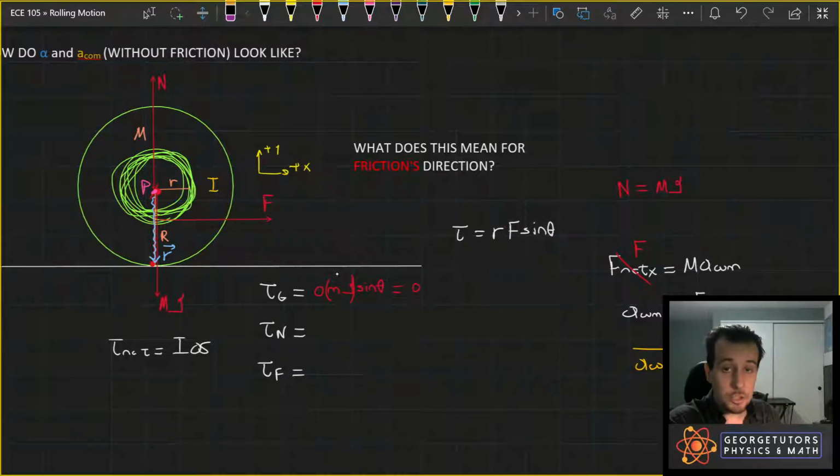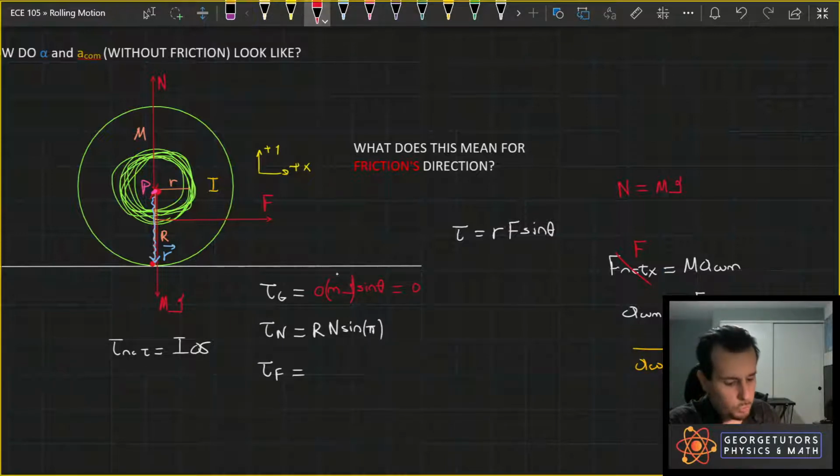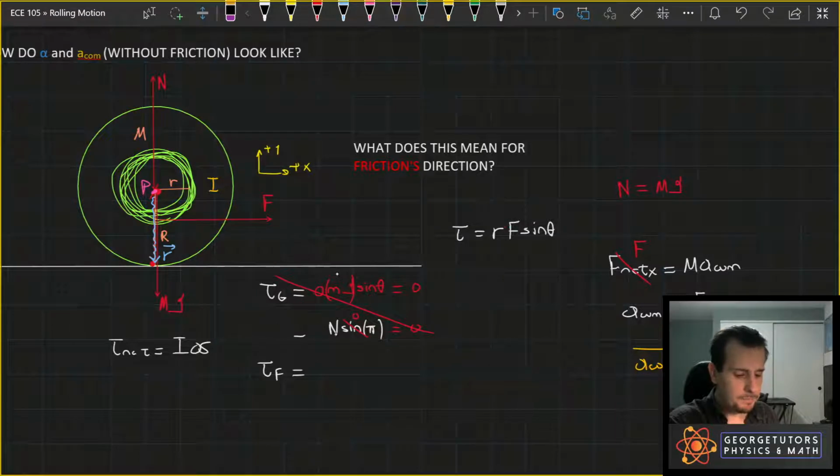That is, it is directed at an angle of 180 degrees, which means when I fill in the stuff from my normal, I would get that it's acting at a distance capital R, the force is N, but the angle between R and N is going to be pi, which will give me a big fat 0 again. So it looks like these are not doing anything. Maybe it shouldn't be surprising to you if you've done more problems like this in the past. But again, they don't do anything for the reasons that we outlined.